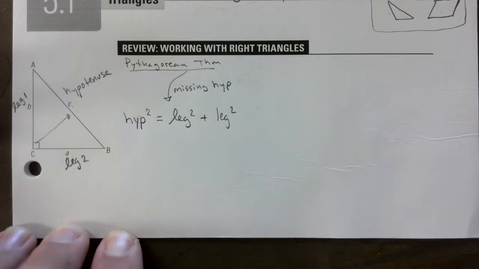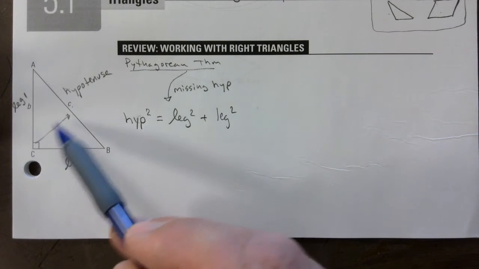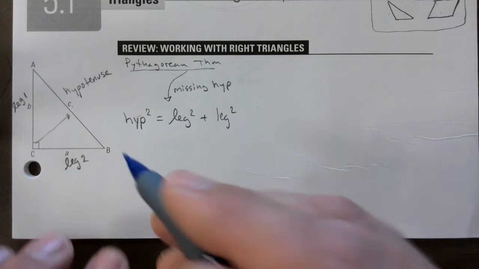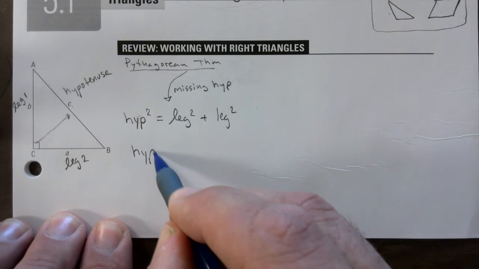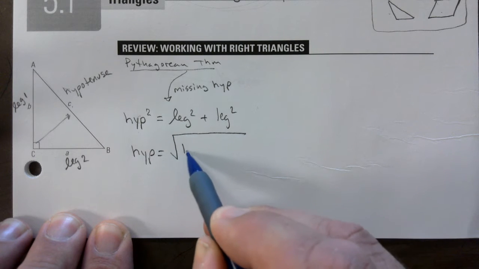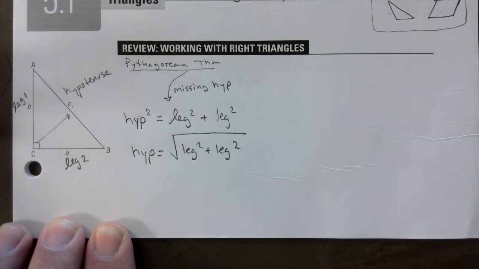Just know that hypotenuse squared is leg squared plus leg squared. So if you find the longest side, which is always across the 90, therefore, the hypotenuse is going to be the square root of leg squared plus leg squared.